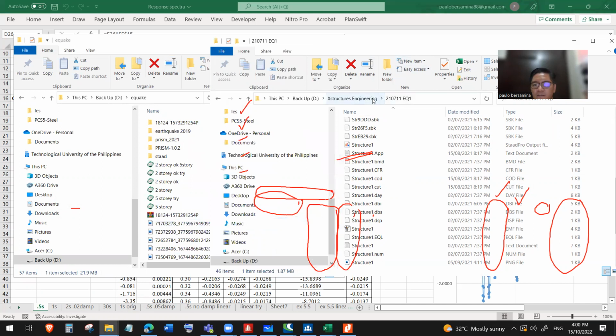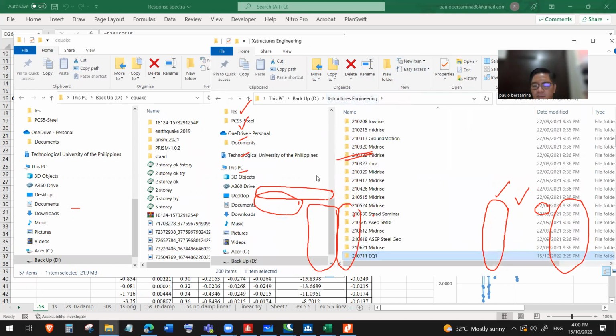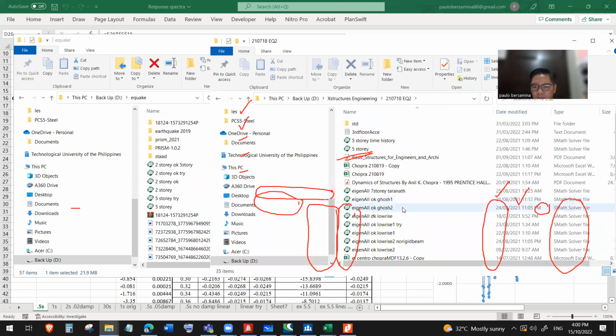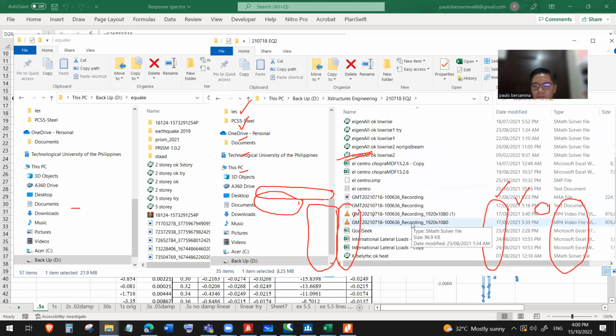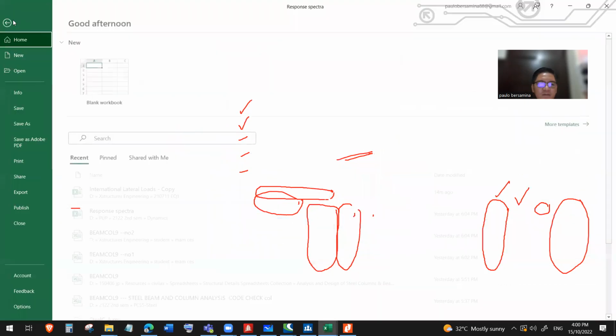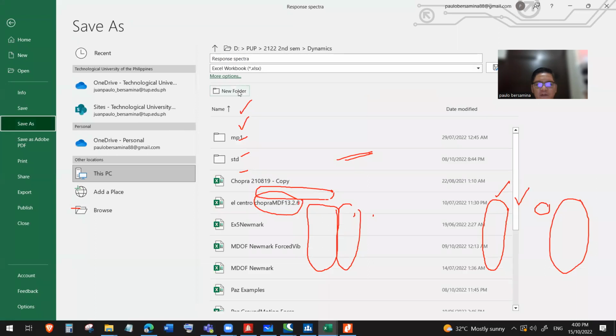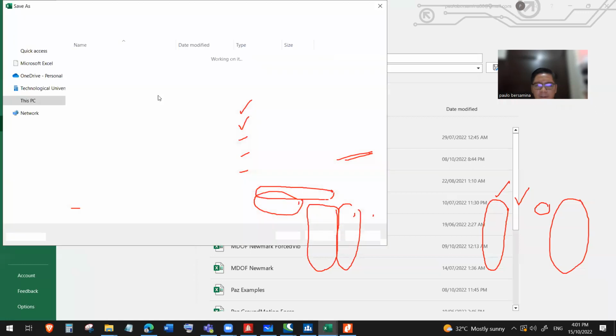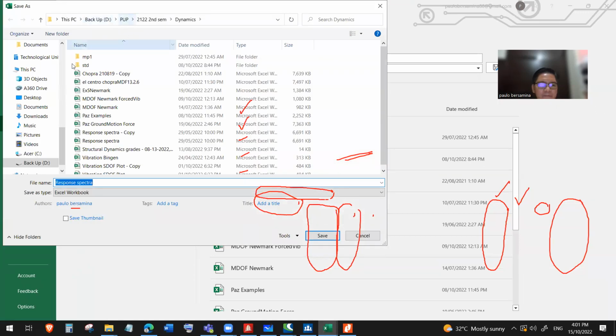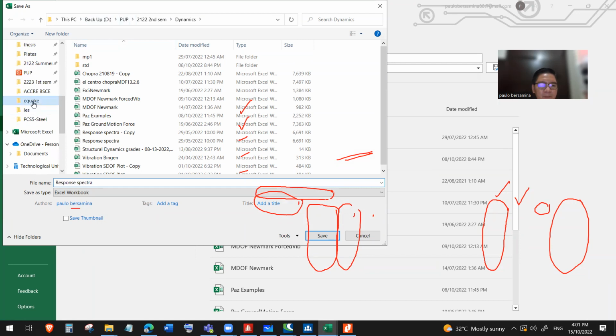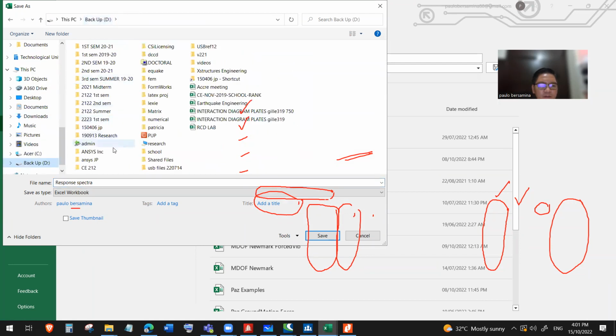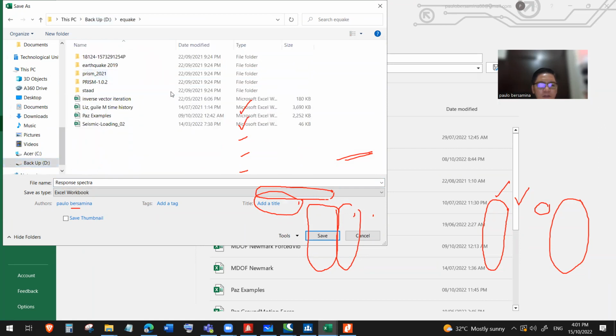Ay, teka. Save this first muna. Save as ko muna pala. Earthquake response spectra. So save.